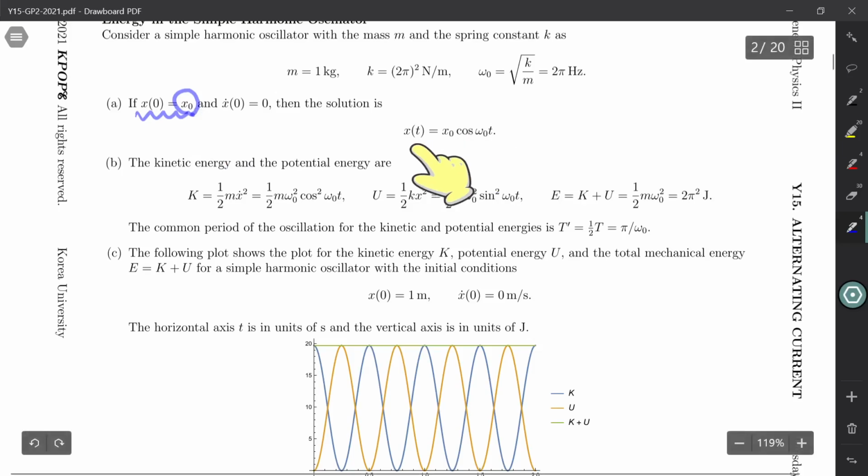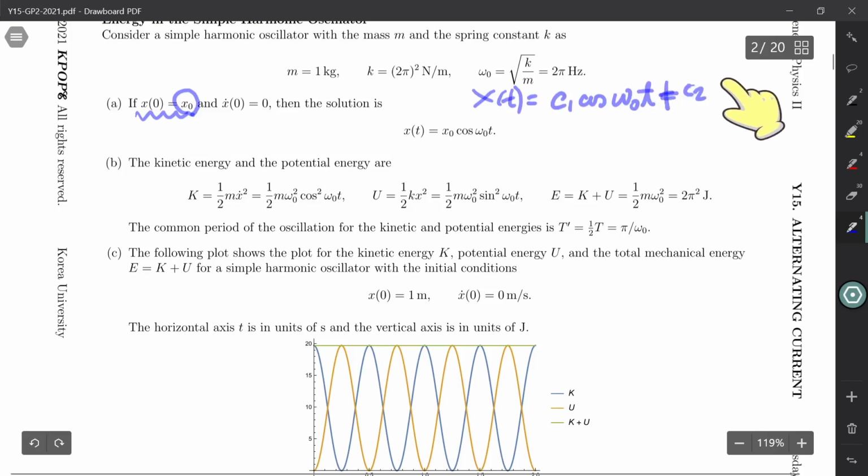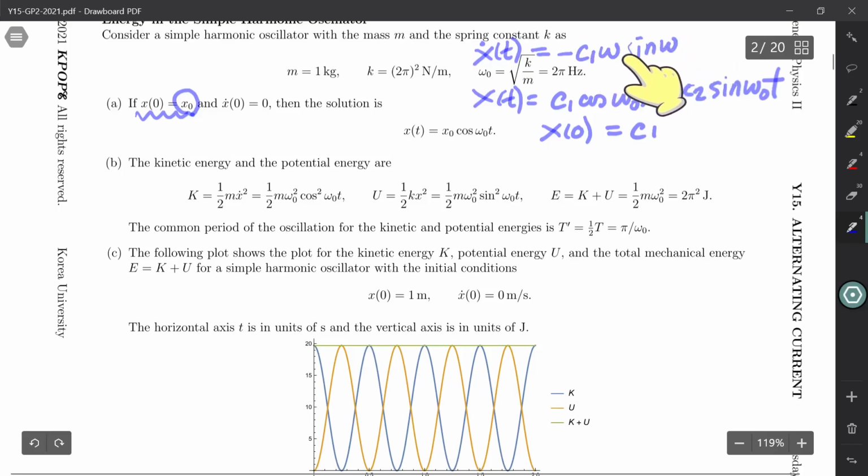Then the solution is x of t equals C1 cosine omega 0 t plus C2 sine omega 0 t. x of 0 equals C1. x dot of t equals minus C1 omega 0 sine omega 0 t plus C2 omega 0 cosine omega 0 t.